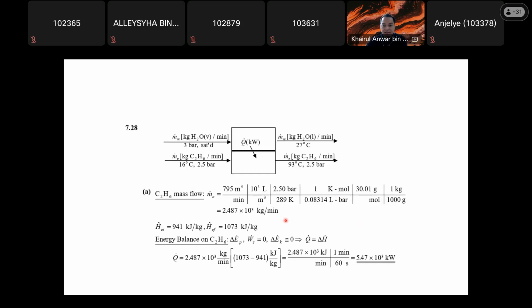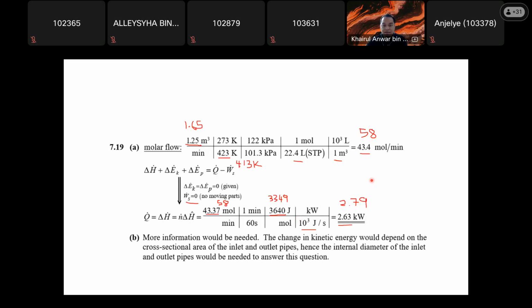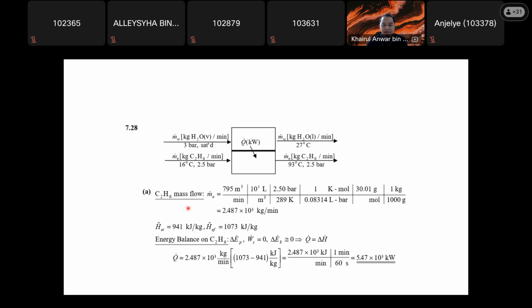To do that, for molar flow rate, there is no other way except using the STP value. But is STP enough? Not really. This is just a normal unit conversion.